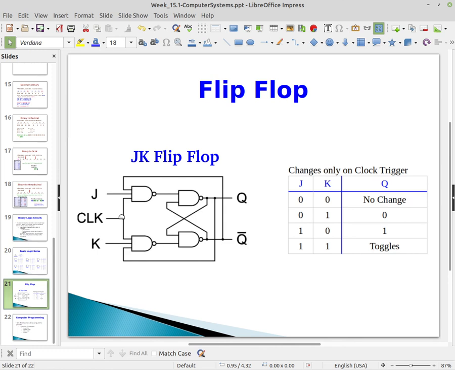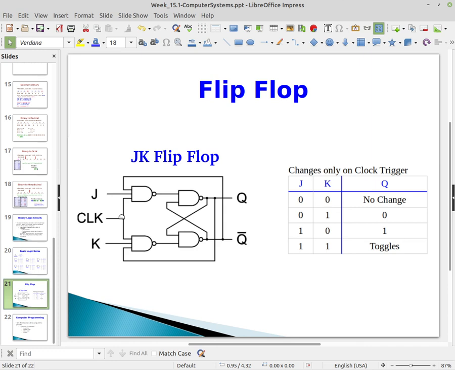But if K is switched to a 1, then on the next clock cycle, Q will be 0. And if J is a 1 but K is a 0, on the next clock Q is going to be a 1 out, right? But if both J and K are a 1 or true, then on the next clock they're going to toggle. So this is good for counter type circuits.